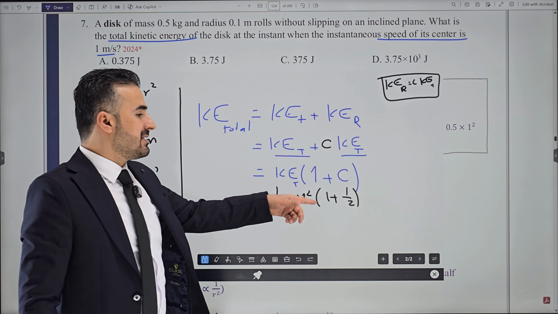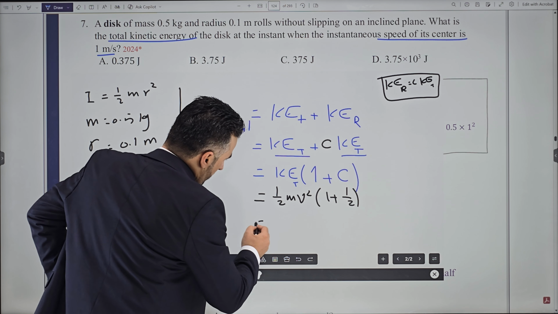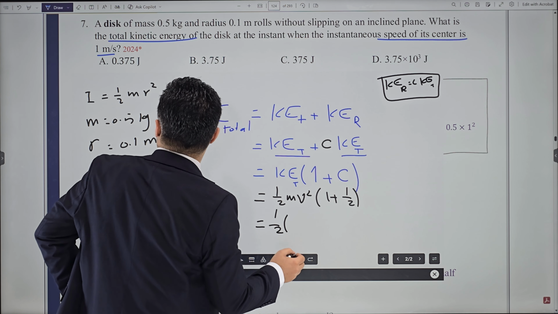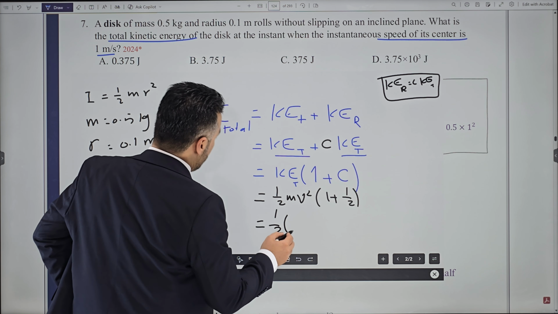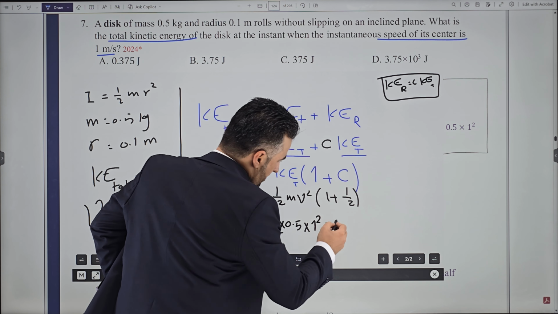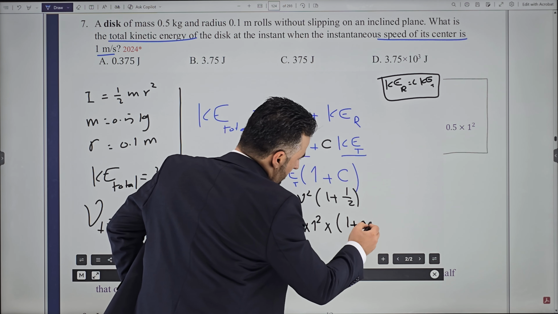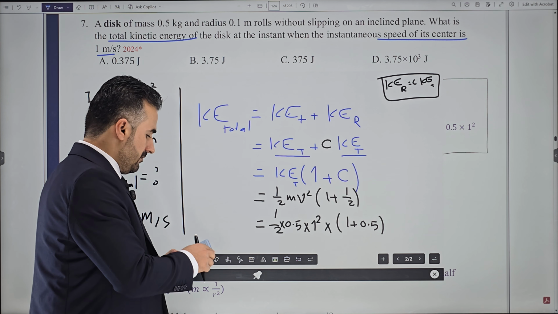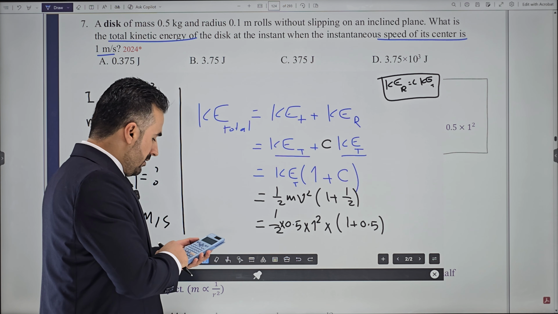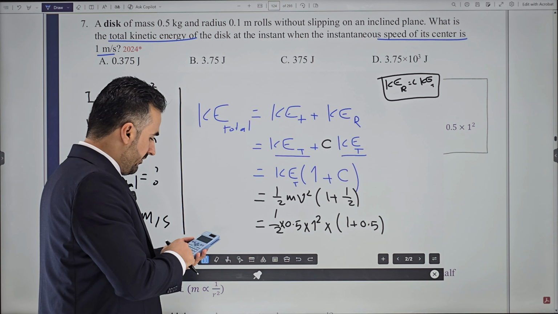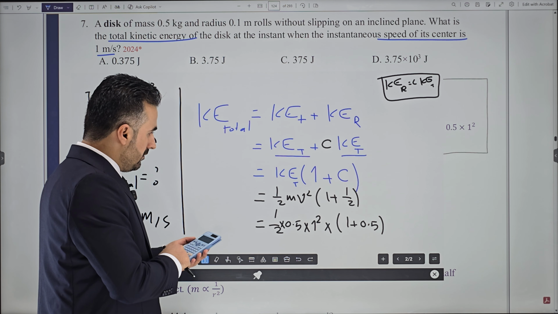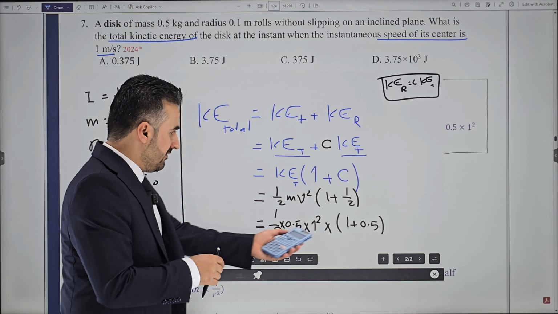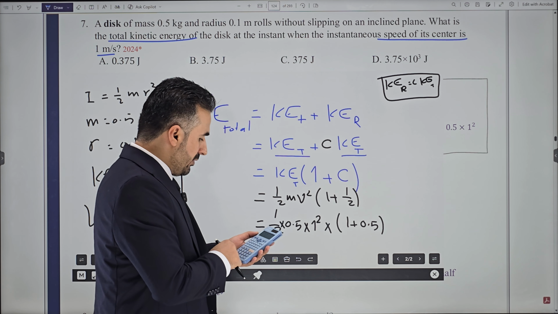We only need the mass and the velocity now. 1/2 times the mass 0.5 times 1 squared, that doesn't change anything because it's 1, times 1 plus 0.5. So it is 0.5 times 0.5 times 1.5.